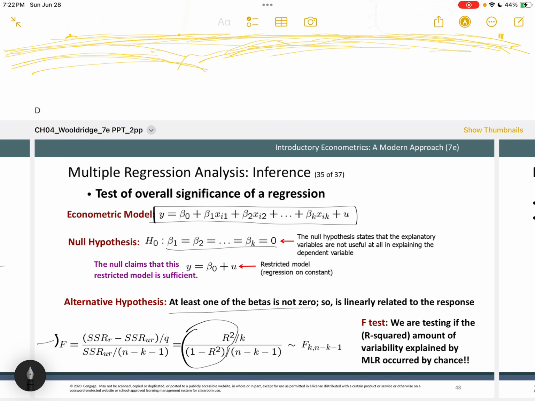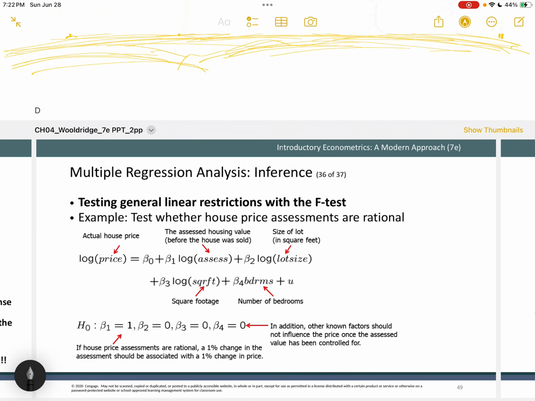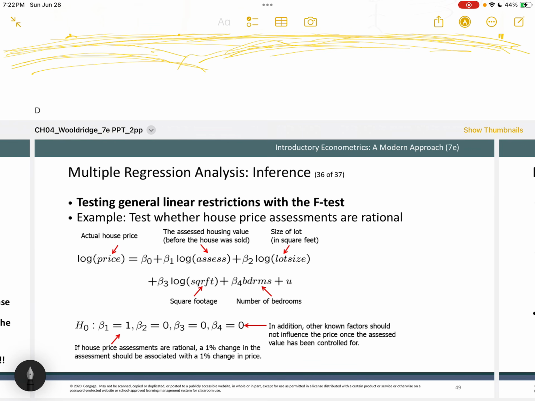And so we do that f-test again. This time, what are we comparing? We are comparing the explained variation in the model to the unexplained variation. And we are testing if that occurred by chance.